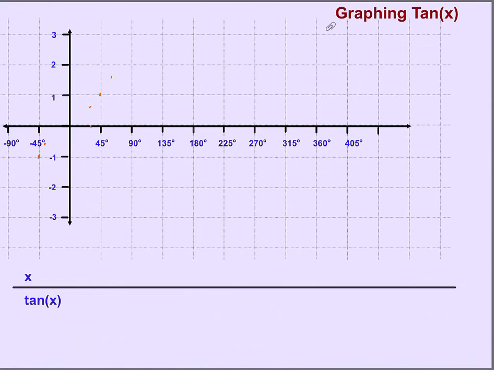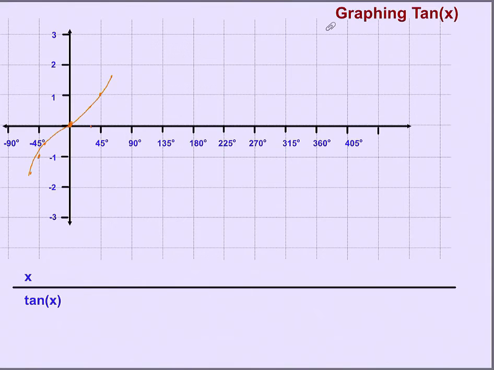Negative 60 degrees would be negative root 3, or 1.7 or so. Okay, so we've got a bunch of points there. Can even connect them. Sorry, I forgot to mention we know the tangent of 0 is 0, because it's the sine over cosine, so it's 0 over 1.